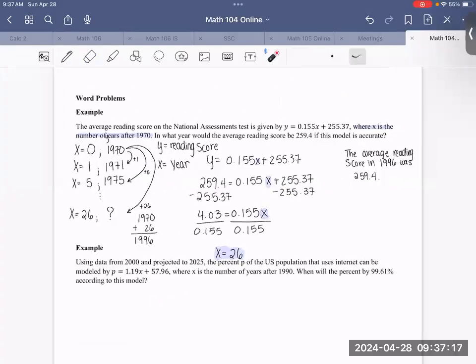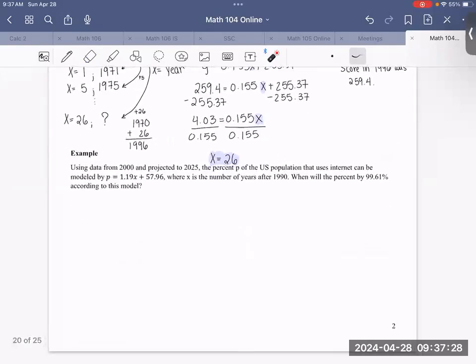Big takeaway is this sentence, where x is the number of years after 1970. We're starting at the year 1970 and then ticking upwards. So now let's try it again with the next example.